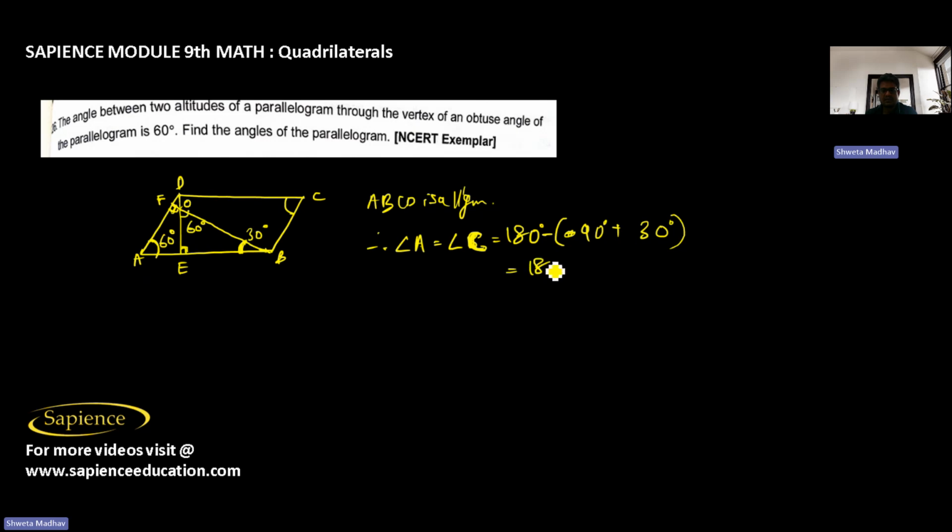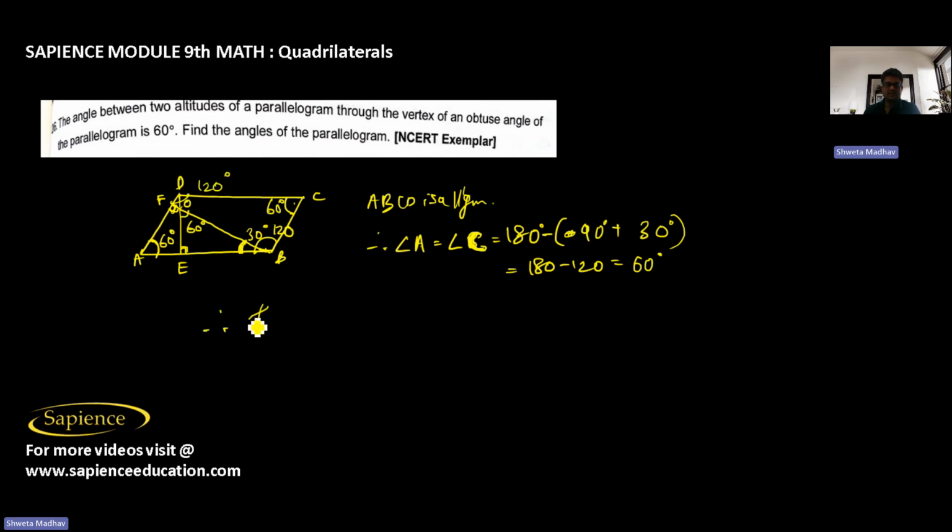So that is 180 minus 120, which is 60 degrees. So this angle is also 60 degrees. Now we know that the sum of the co-interior angles is 180, so this angle should be 120 degrees. So this angle also should be 120 degrees.